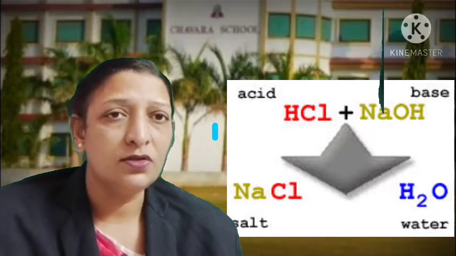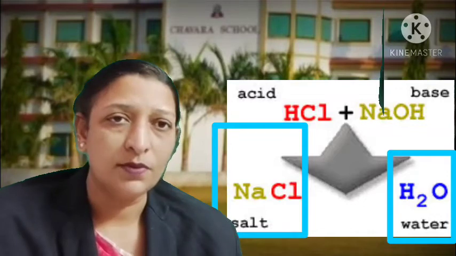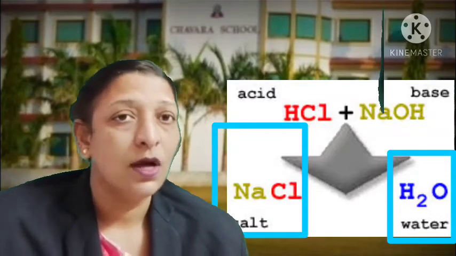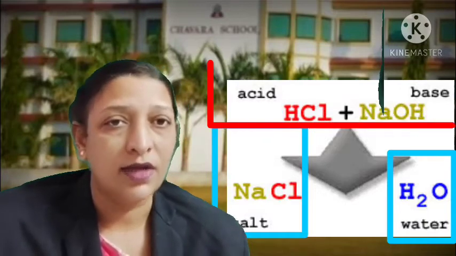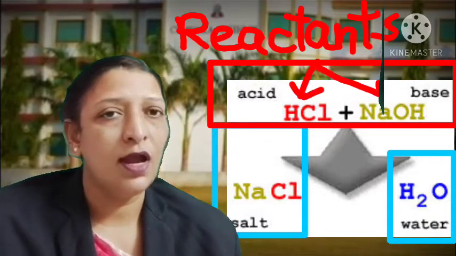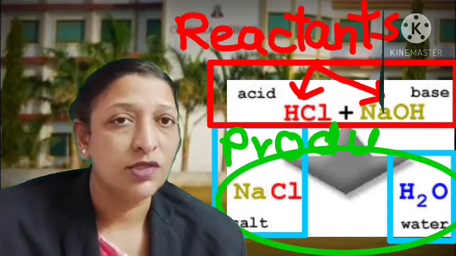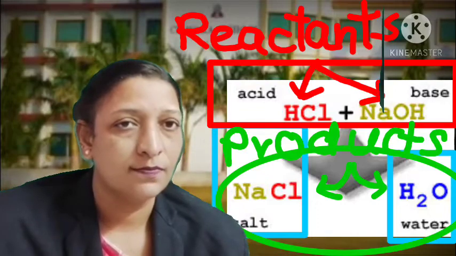So here in this reaction, sodium chloride and water are formed. Here hydrochloric acid and sodium hydroxide are reactants. On the other hand, water and sodium chloride, which is a salt, are products.